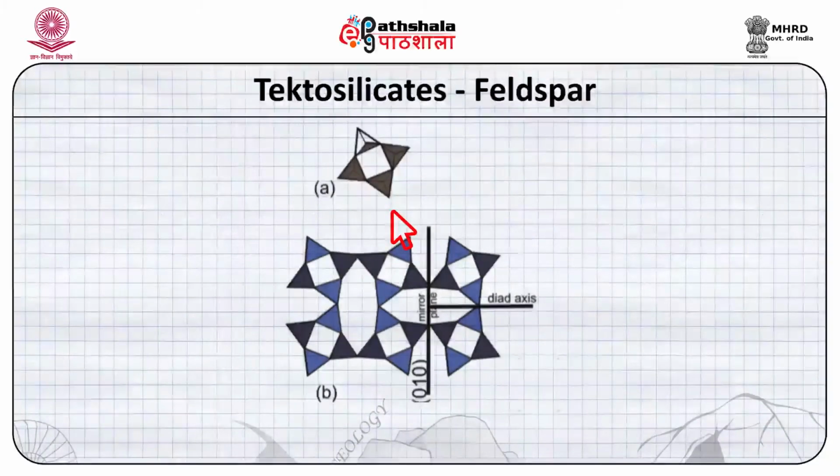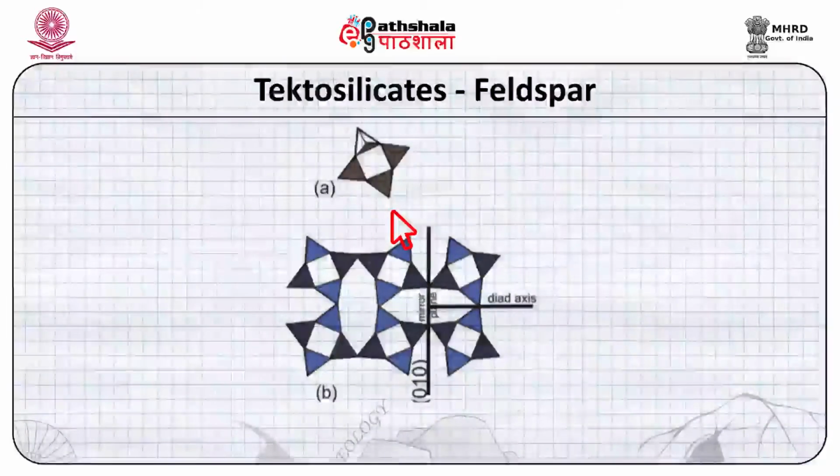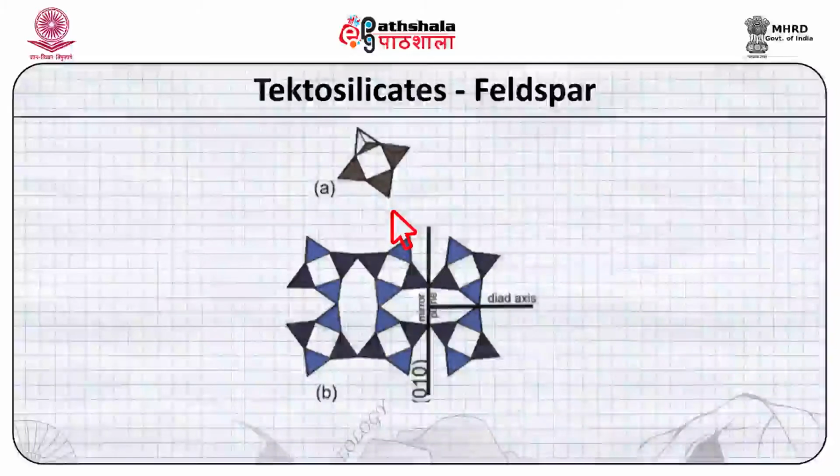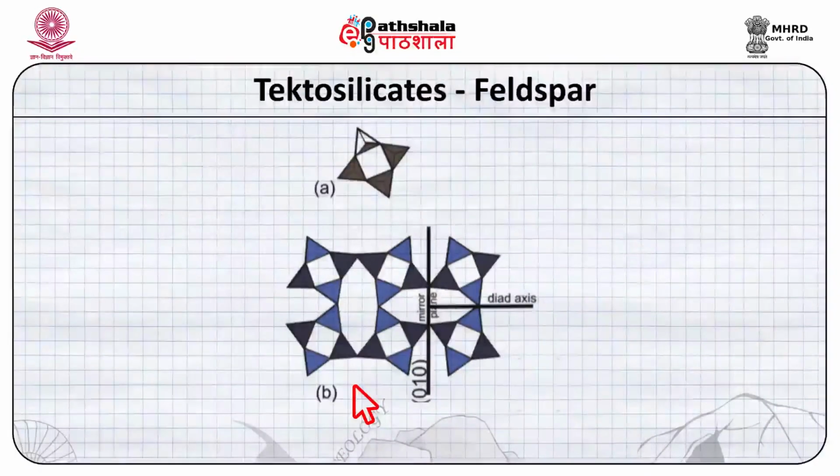Now, these 4 tetrahedra are arranged in such a manner that their apices are pointed alternately up and down. We look at the second part of this figure and we see now that these 4 tetrahedra are arranged in some sort of rings, producing oval areas in between them.